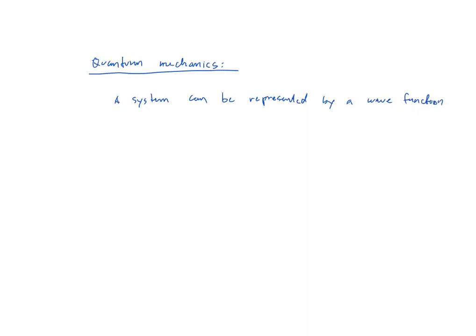Okay? So we usually denote it as psi. It could have different dependence, no? For example, in one-dimensional system lang, you have psi of x. Okay? In three-dimensional, we denote it as psi of r, naging vector r na yan.